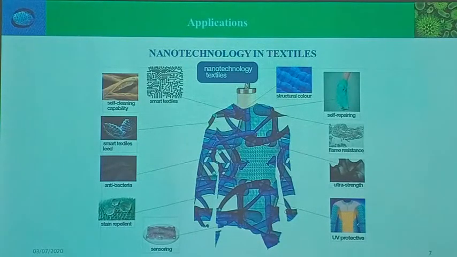It possesses a nanomaterial when you use it in the textile sector. Self-cleaning capability. Another one, smart textile sleeves, antibacterial, can kill the bacteria. Stain repellent. Some sensors we can fix on that suit. Self-repelling. Here structural color: different colors you can produce by using different nanostructured materials.